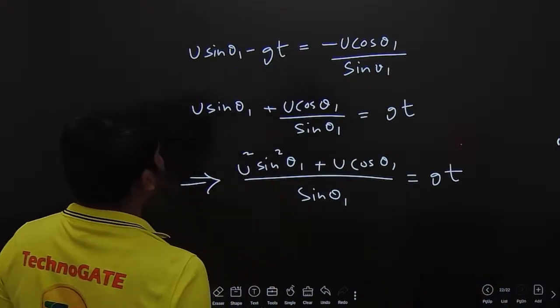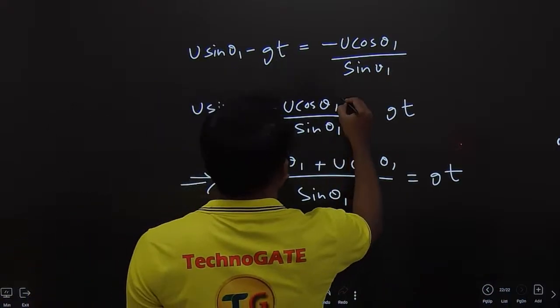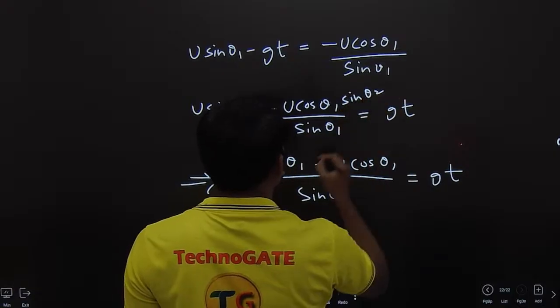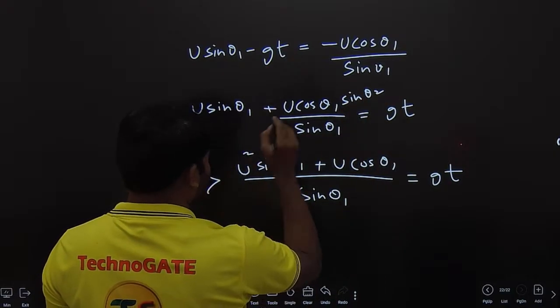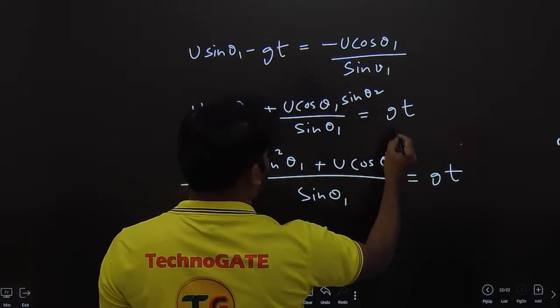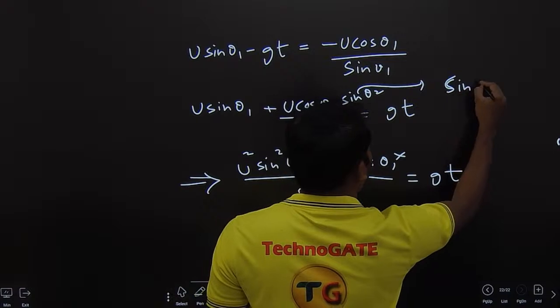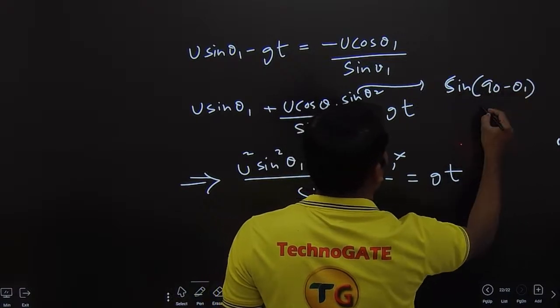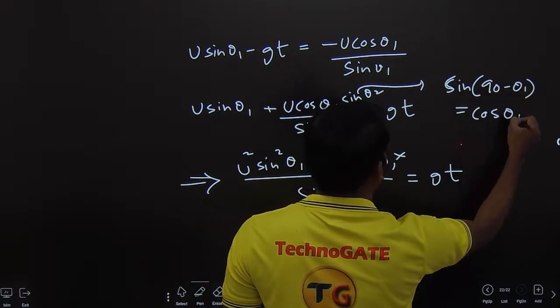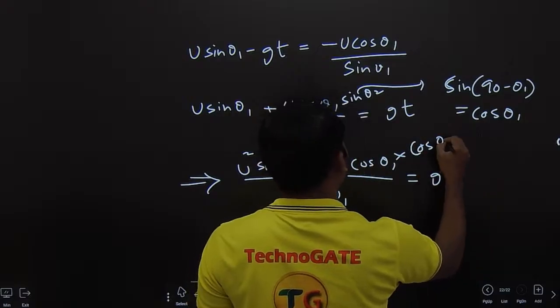If you go here, it's multiplied by sin theta 2. What else? Sin theta 2 is equal to cos theta 1. Sin theta 2 can be written as sin of 90 minus theta 1, so this is cos theta 1. So we are multiplying by cos theta 1.